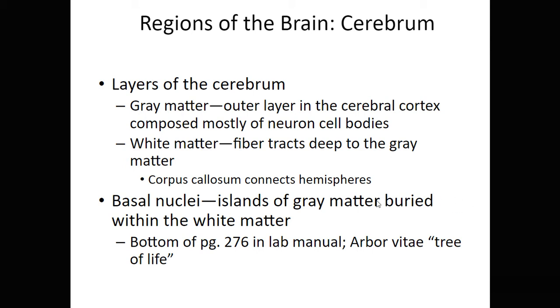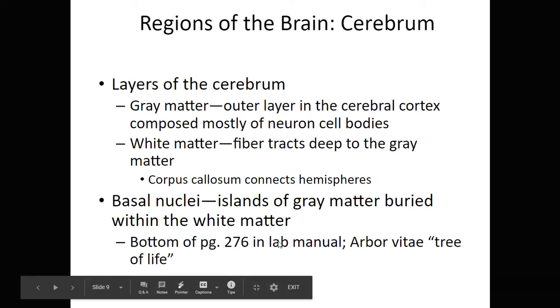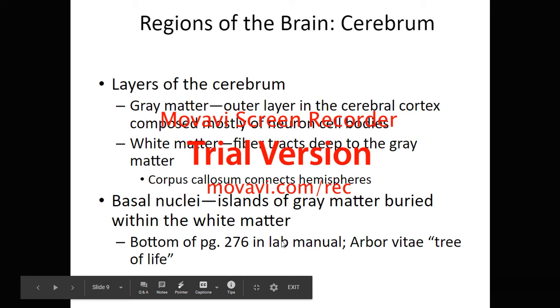And this last little part where it says you can see the arbor vitae, tree of life, this is dealing with the cerebellum.